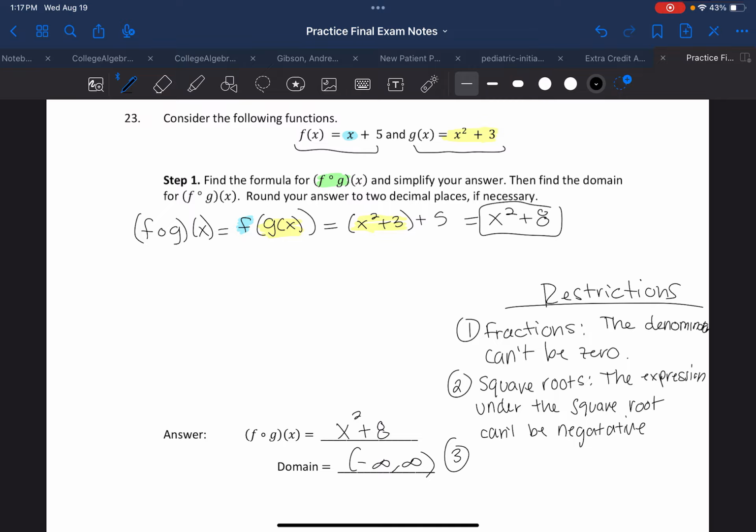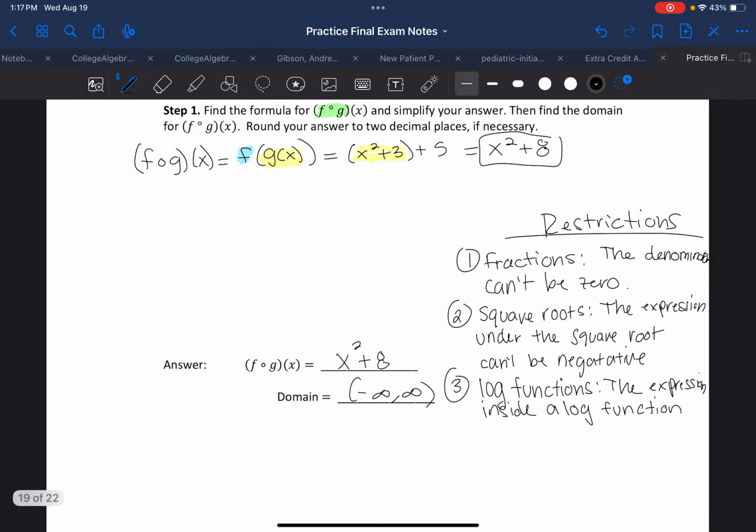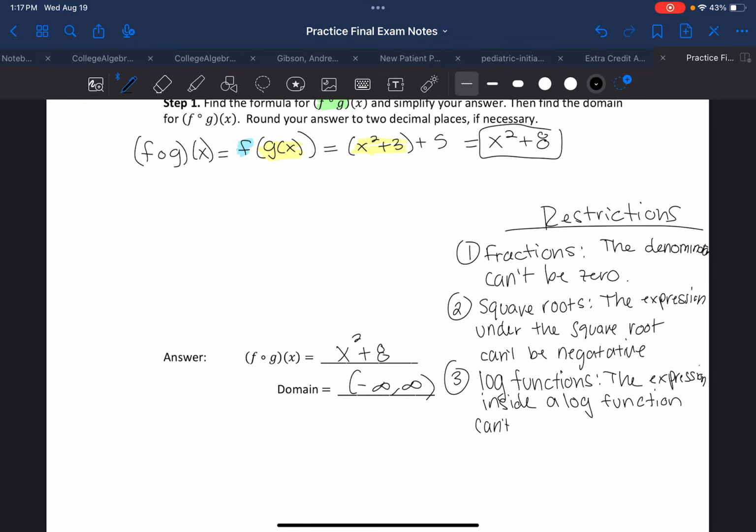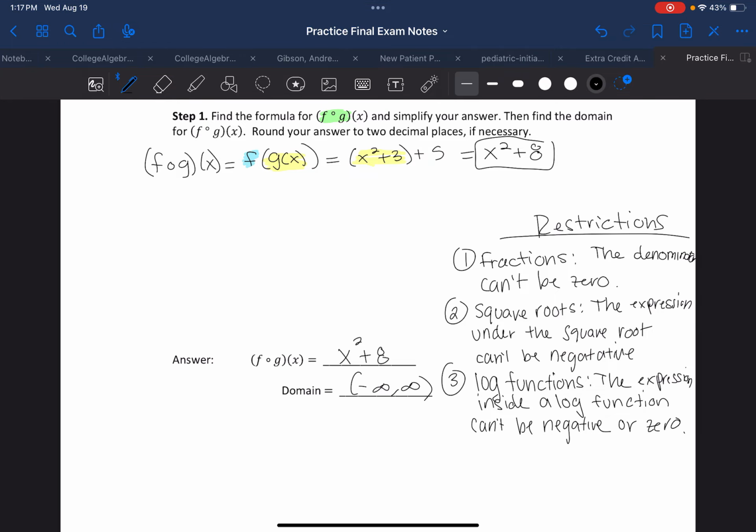And the last restriction is on log functions. So the expression inside a log function can't be negative or 0. So it has to be positive. So these are the 3 restrictions you're looking for when you're asked to find the domain of a function.